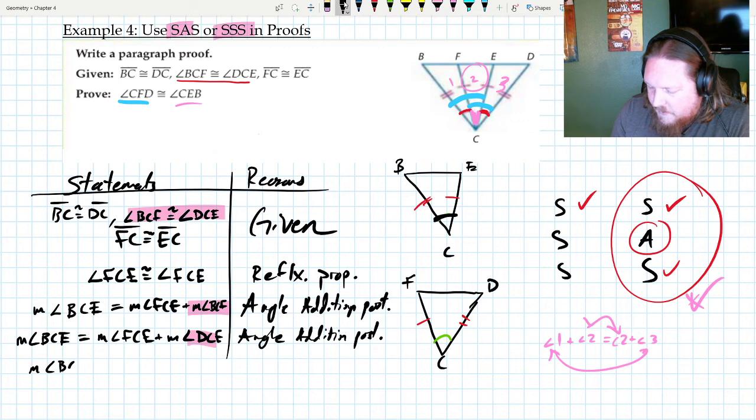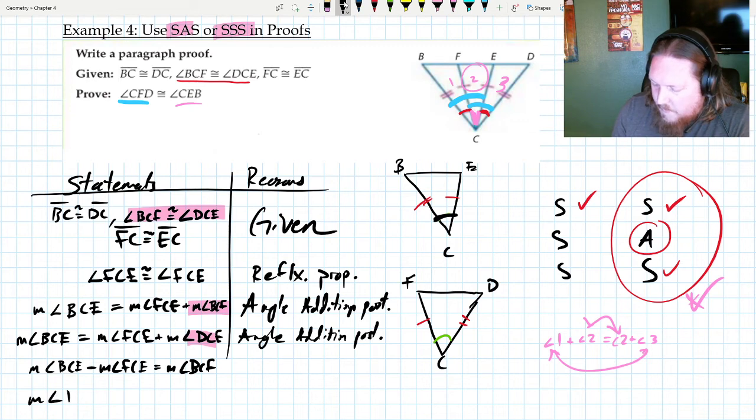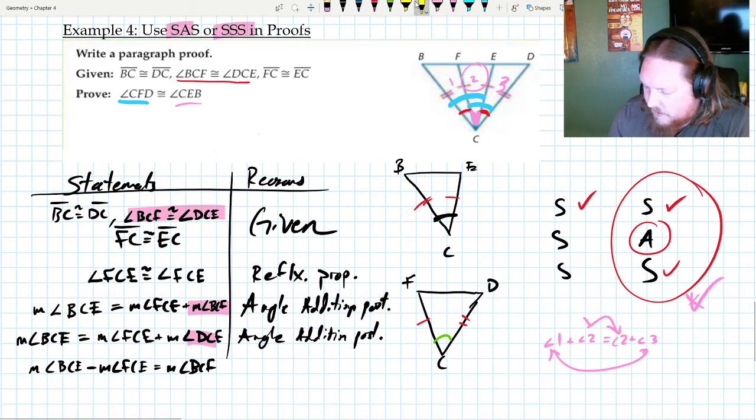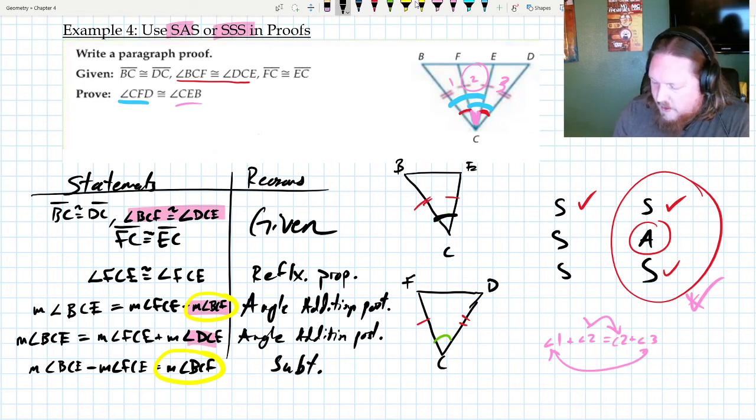The measure of angle BCE minus the measure of angle FCE is equal to the measure of angle BCF. And if that's true, I've just shown, I'll circle it in yellow, that I can substitute it in. Or I guess it would be subtraction. But those two things are equal, so I can substitute them in.